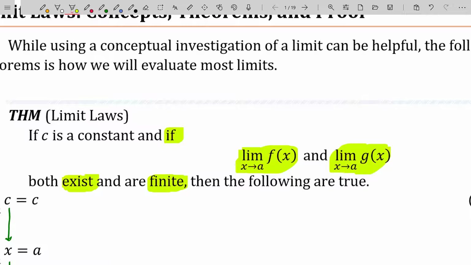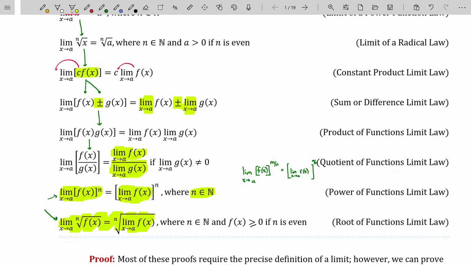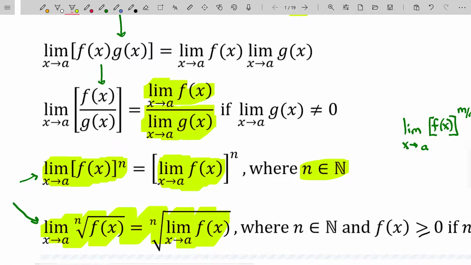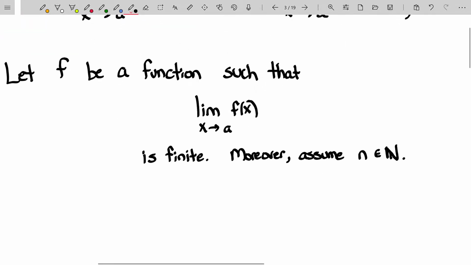That implies they both exist. That's the only thing we get to assume here, other than the fact that we're also going to assume that n is a natural number because that's actually built into the power of functions limit law. Let's go ahead and do it. So let's let f be a function such that the limit as x approaches a of f of x is finite.